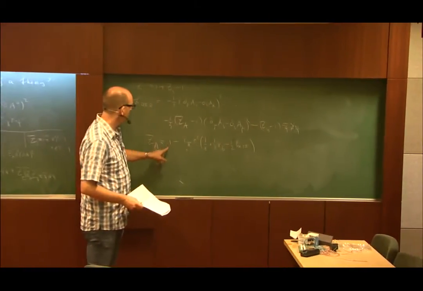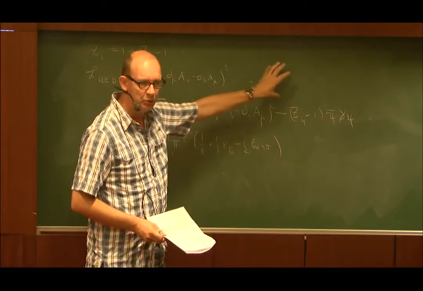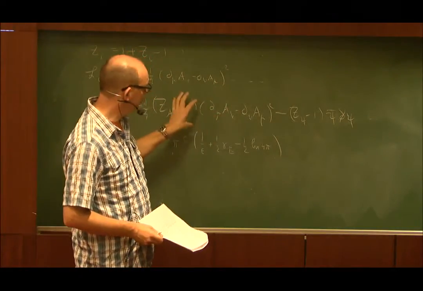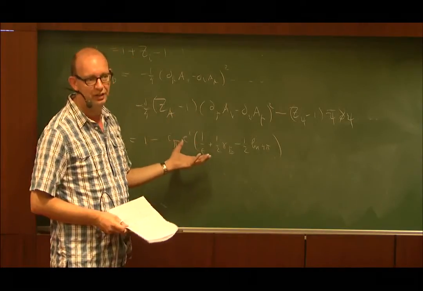So Z_A minus 1 is just this bit. From the loop integral I get a divergence, and now from this term I get a second divergence, just because I defined it that way.